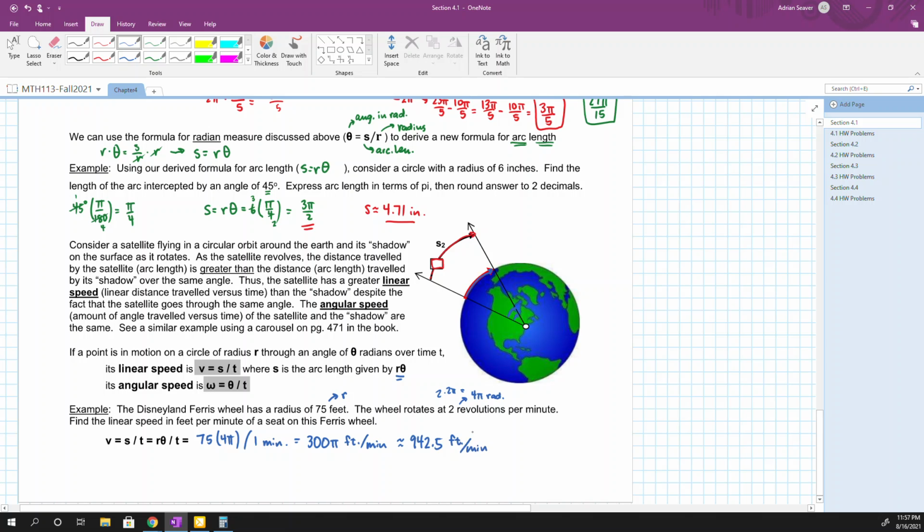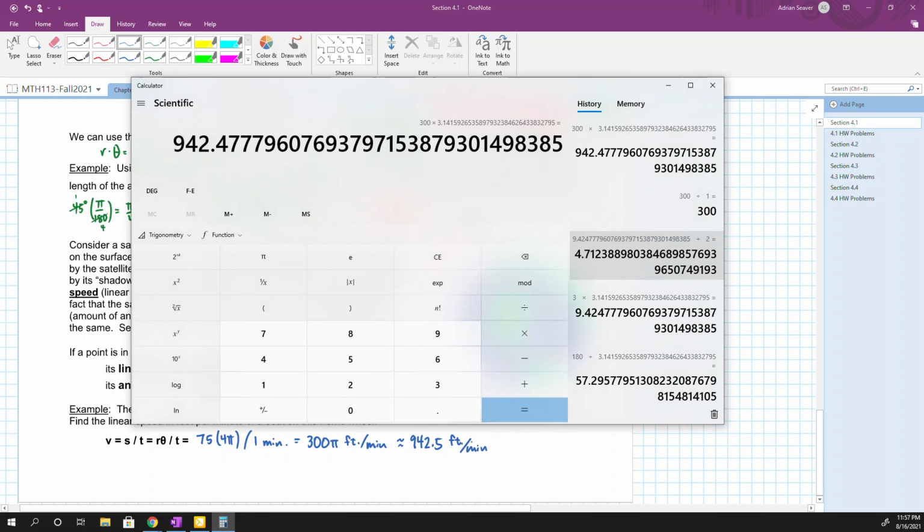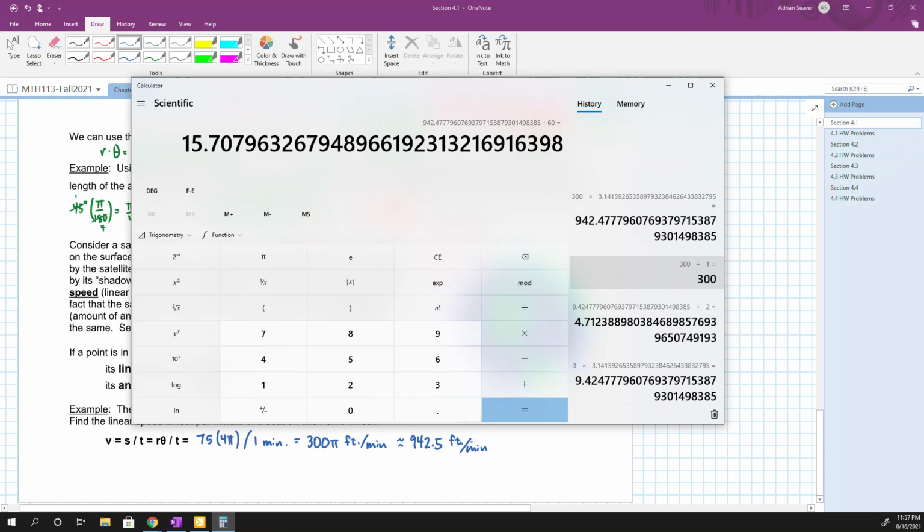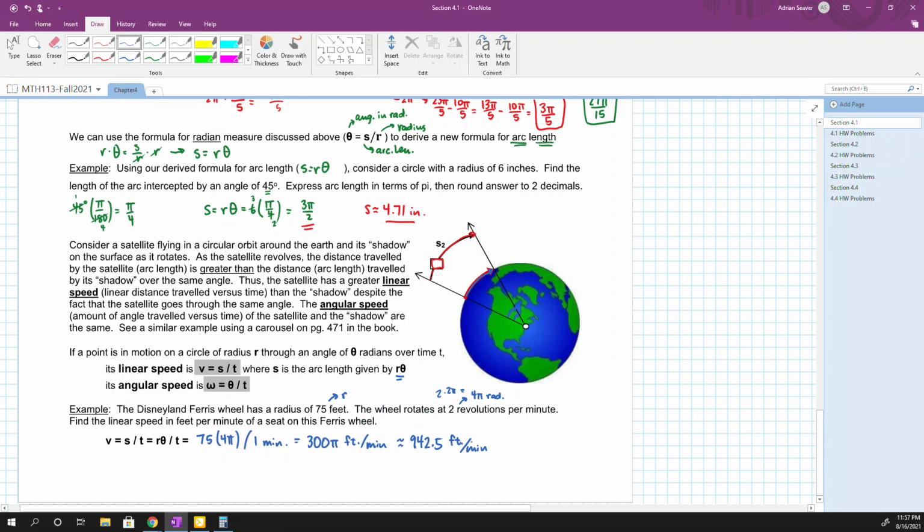If you wanted to look at that per second, I'd divide that by 60 seconds. Just out of curiosity, divide that by 60, I get 15.7 feet per second. That sounds like quite a bit. So that Ferris wheel is scooting along pretty good as far as arc length is concerned.